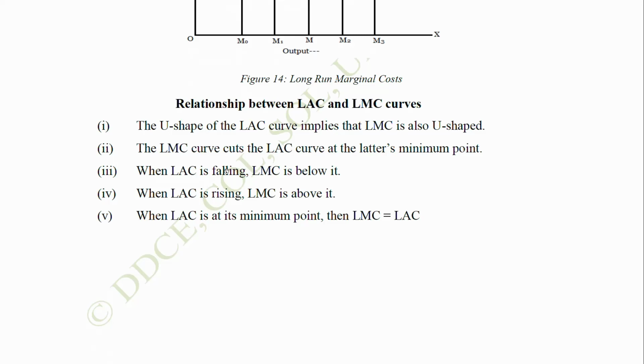Third, when long run average cost is falling, long run marginal cost is below it. Fourth, when long run average cost is rising, long run marginal cost is above it. Fifth, when long run average cost is at its minimum point, the long run marginal cost is equal to long run average cost.